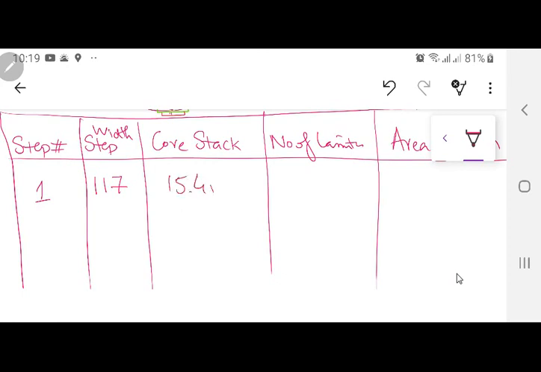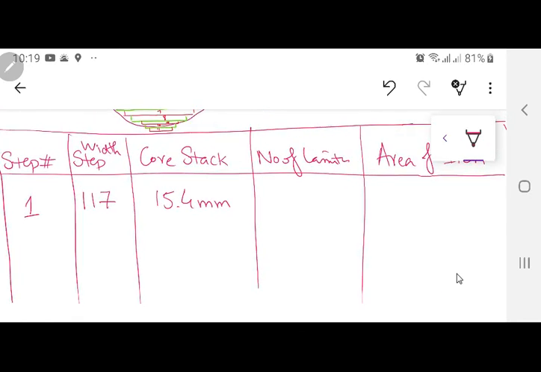15.4 mm. Okay, now the number of laminations is going to depend upon how thick your lamination is. If you choose a larger lamination thickness, eddy currents are going to be more. If you choose a very small lamination thickness, then you are certainly going to have fewer eddy current losses. So which one do you have to divide by the thickness of one lamination?